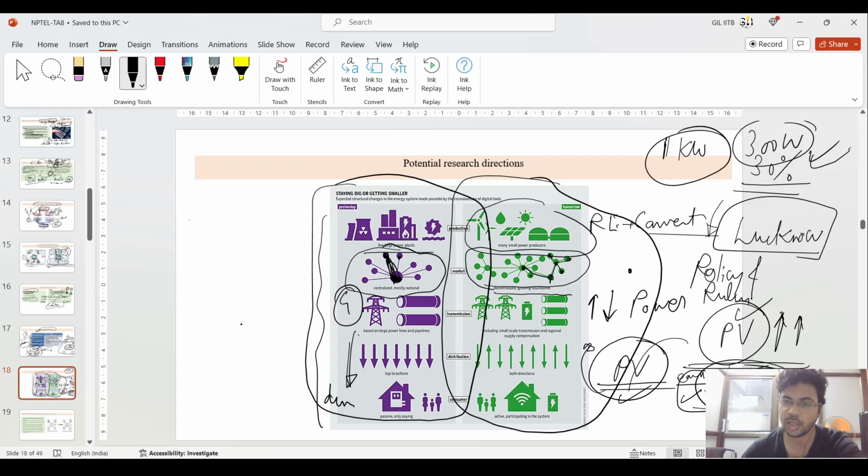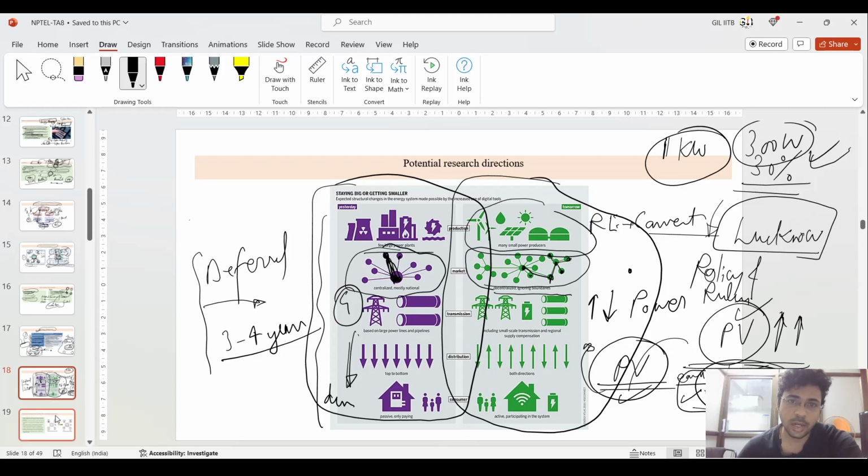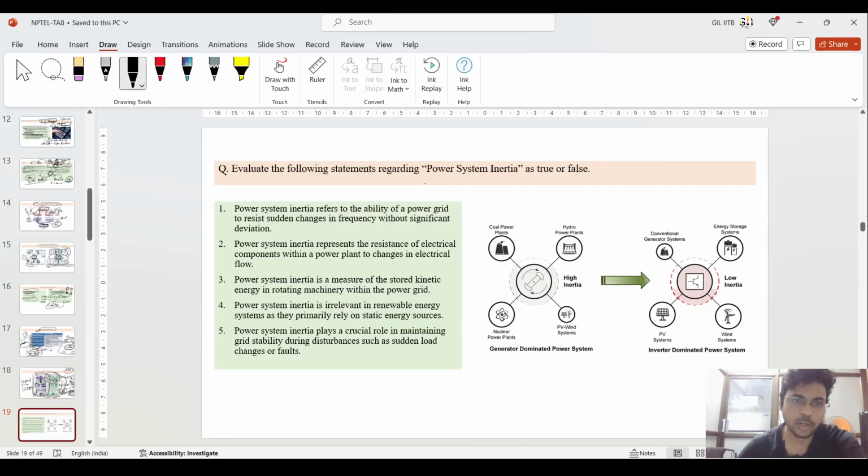So this is only to make the DISCOM profitable in one sense, and so that it is not overburdened to make infrastructural changes in the present scenario. It is different from the present scenario, and they make the investment after 3 to 4 years, so that it can take the time, the installation can be done and the reduction in cost can happen. So this is the present scenario, and this is one kind of research area.